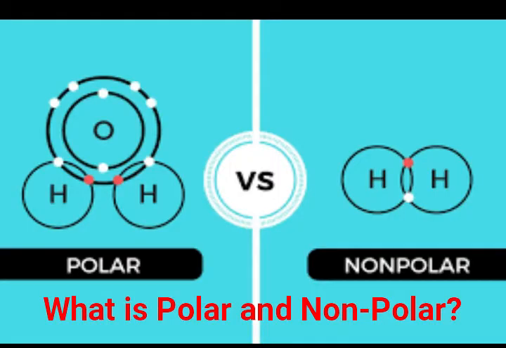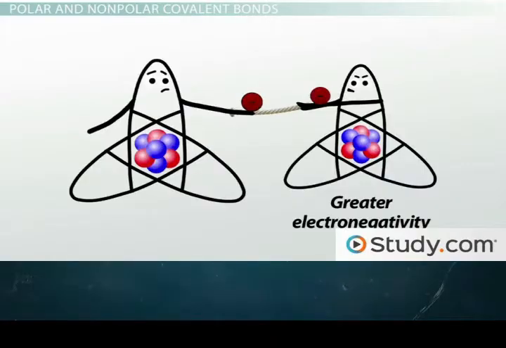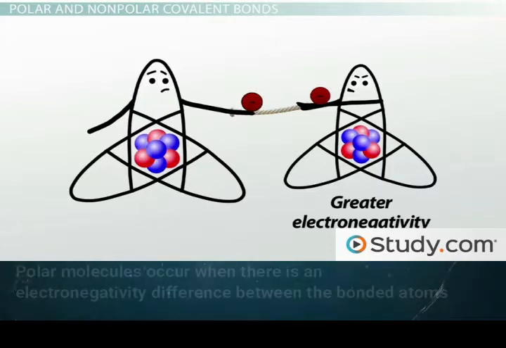So what do we really mean when we say polar or non-polar? So I will tell you a story of a polar bond. Hydrogen and nitrogen both love candies. One day they decided to buy a candy in the store. After they bought the candy, they tasted it, and hydrogen was so disappointed with what he got.